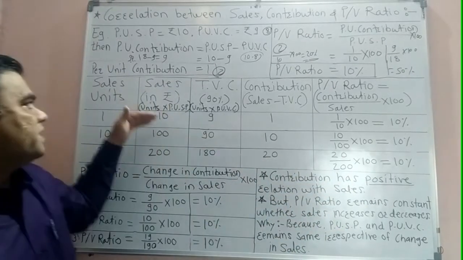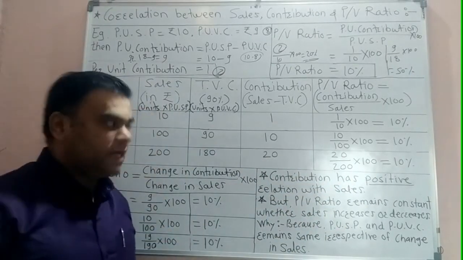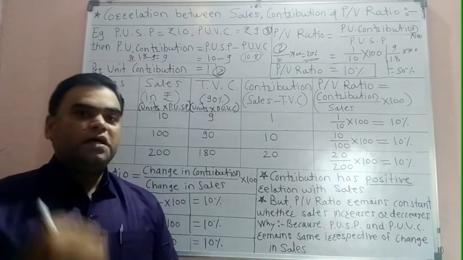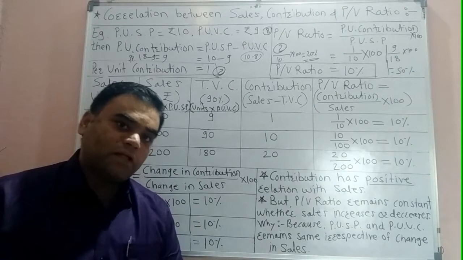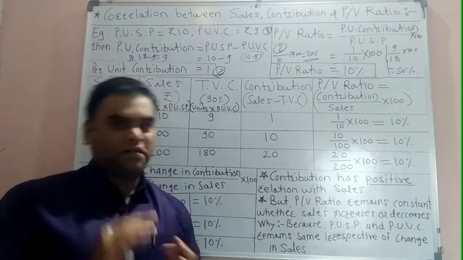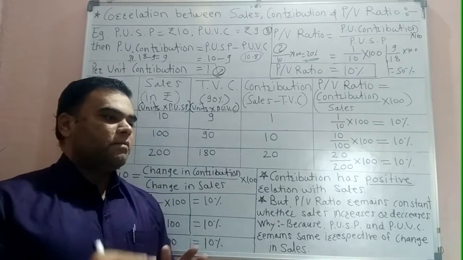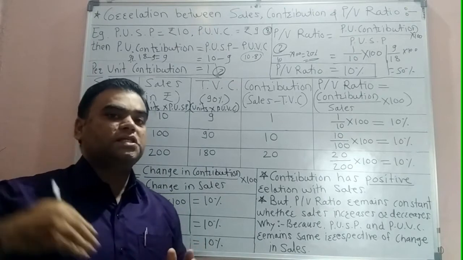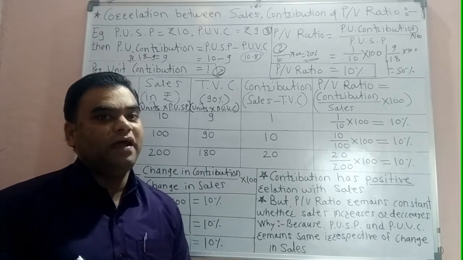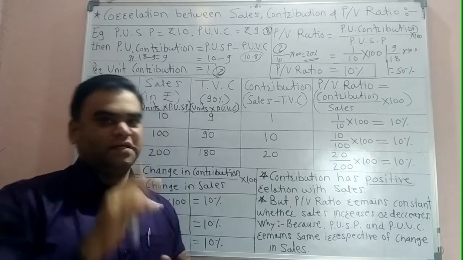Why? If you increase sales by 10%, your contribution will also increase by 10%. If you decrease sales by 10%, your contribution will also decrease by the same 10%. Suppose your sales is increased by 95%, then contribution will also increase by the same percentage.